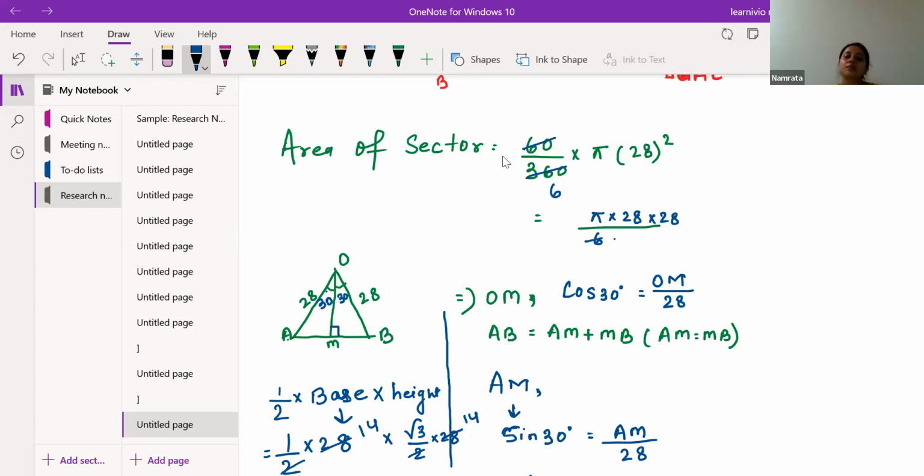With pi as 22 by 7, we take 22 by 7 into 14 into 28 by 3. 7 twos are 14, so we got 22 into 2 into 28 by 3.